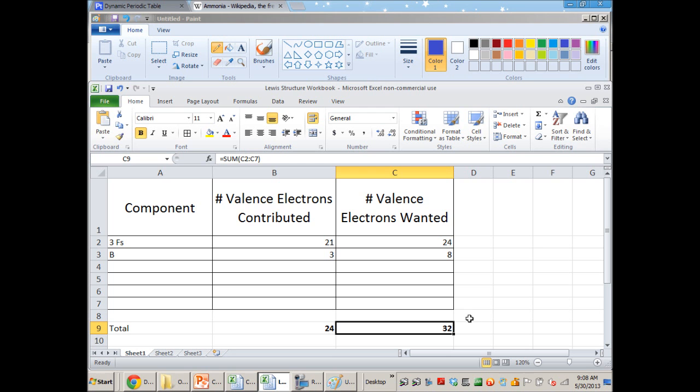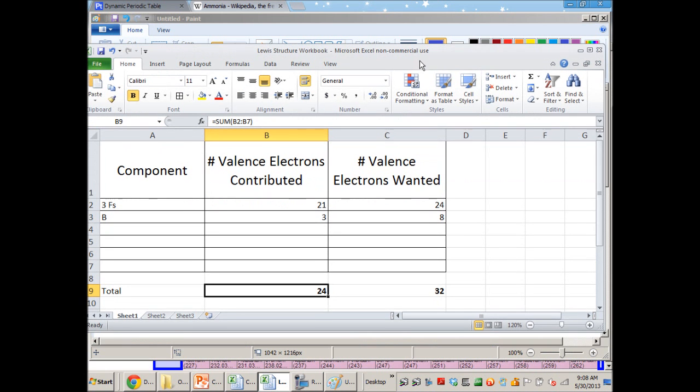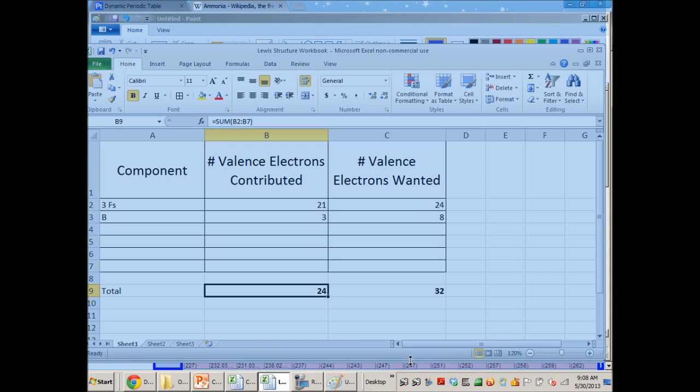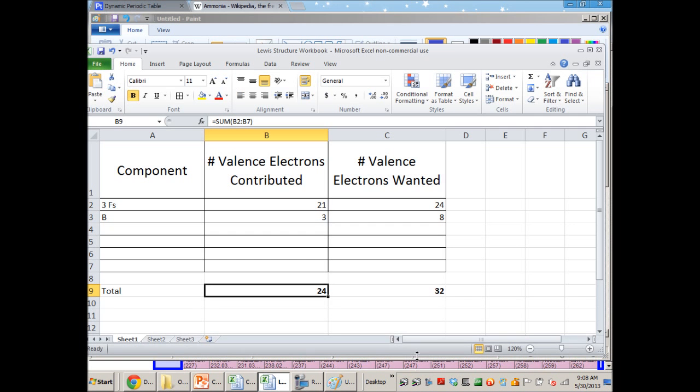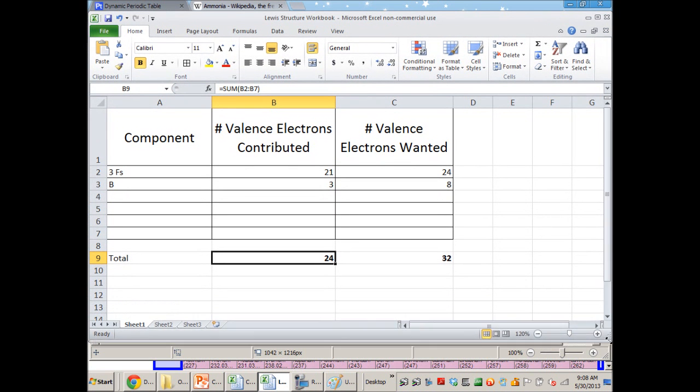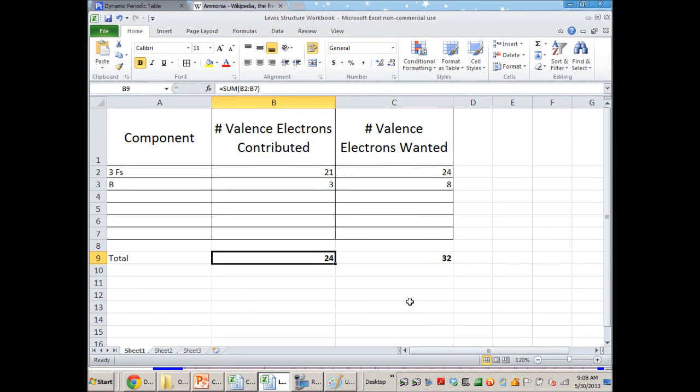the molecule has 24 valence electrons, but it has the capacity to hold as much as 32 electrons. So we can actually satisfy these octet rules by double counting valence electrons, or sharing them.